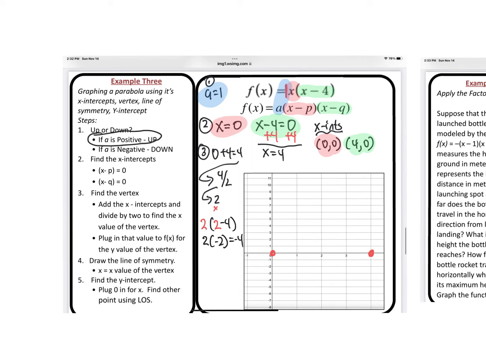That's the y value of my vertex. So I know that my vertex is 2, negative 4, and I'm going to plot my point right here. All right, now draw the line of symmetry.